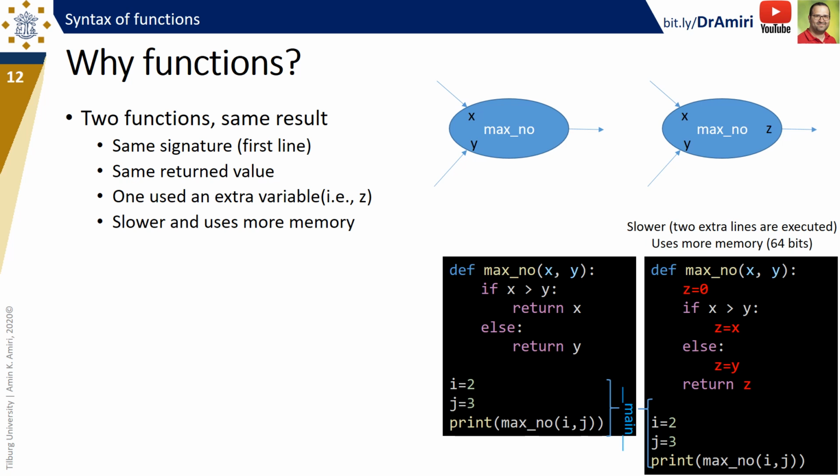So assume that you have created the slower version of this function and used it in your code to develop that program. After a year, you understand that this program can be improved to be faster, and you come up with the code on the left side.